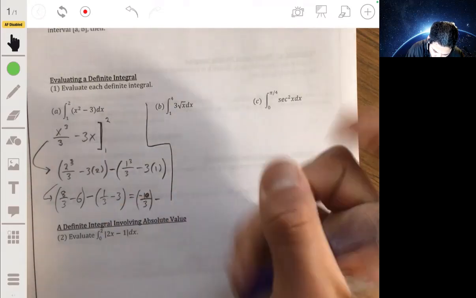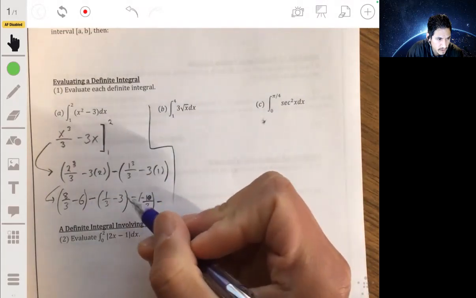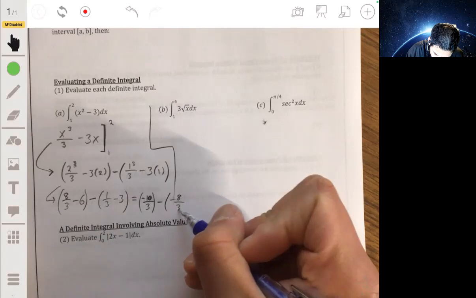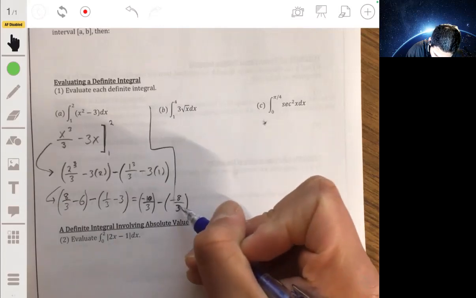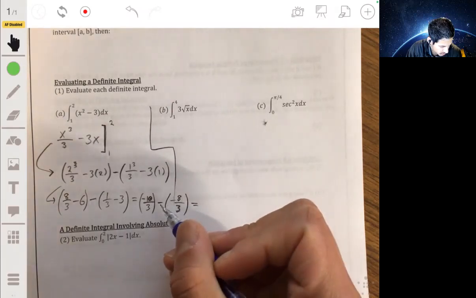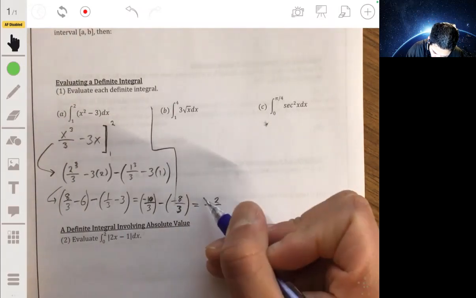Minus, I need a little more space here, 1/3 minus 3. So 1/3 minus 9/3, so minus negative 8/3. And you're going to get that we get negative 2/3 as our answer. And that's it.